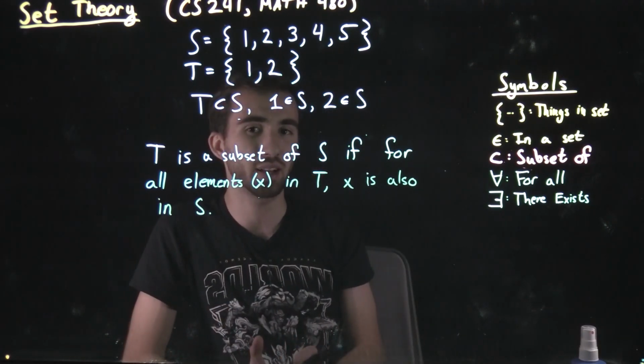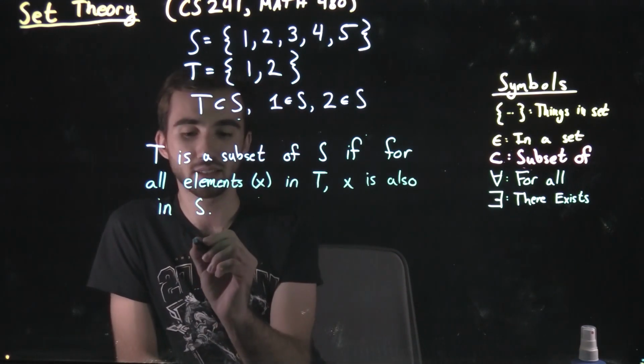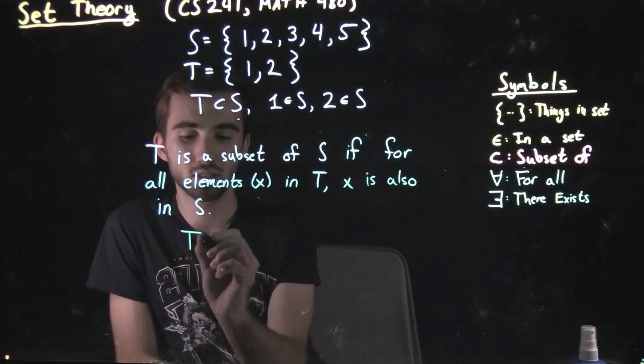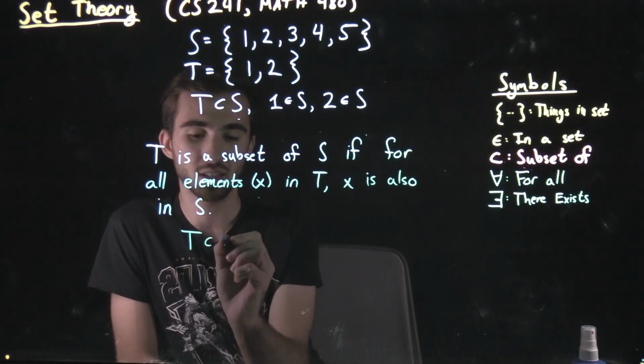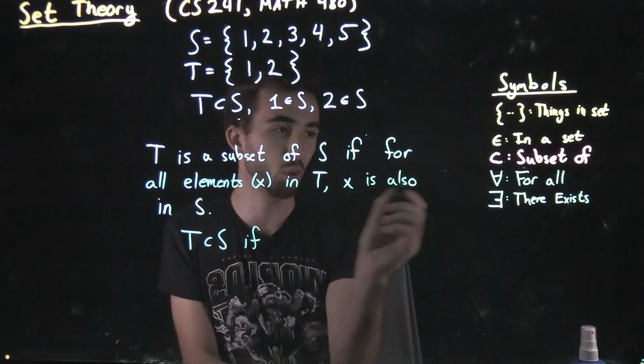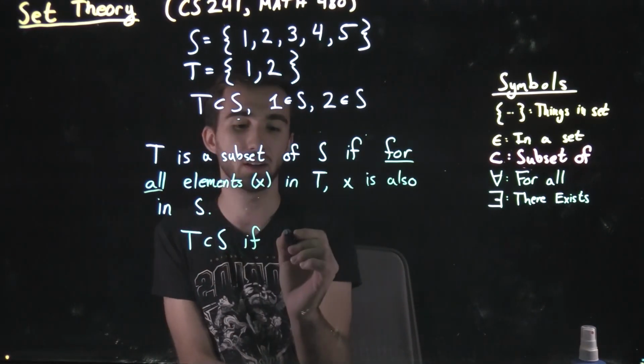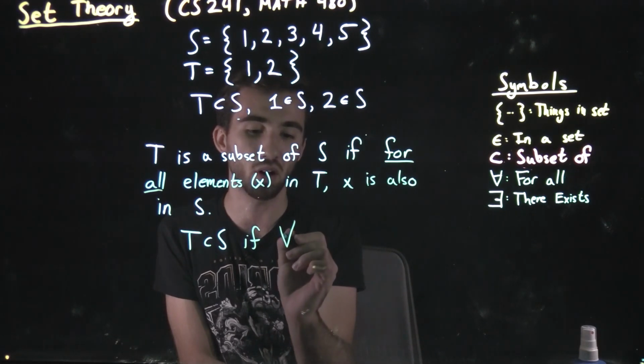Now, how can we write this in math notation? Well, we already know how to write T as a subset of S. So T is a subset of S if for all, right? So we have the phrase for all. It's right there. If for all.